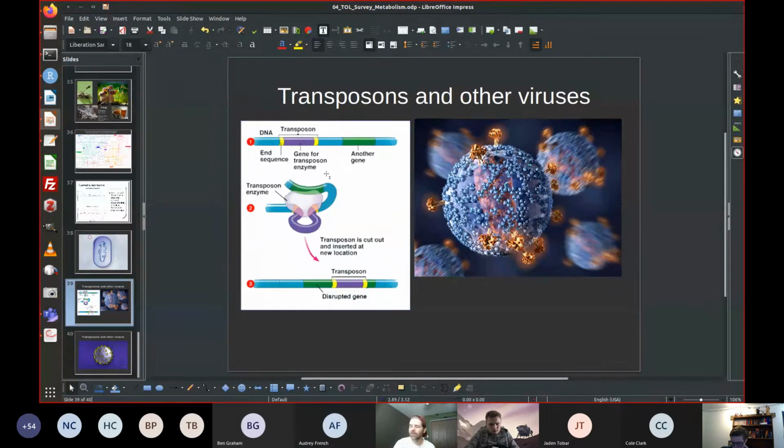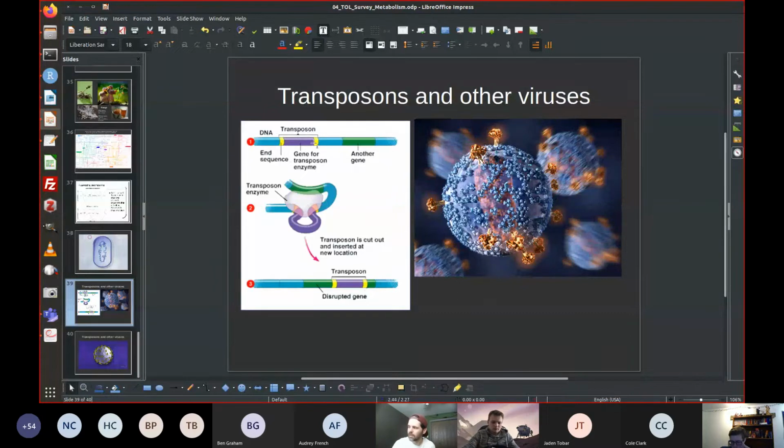And what about transposons? You know, the majority of your genome is virus DNA. It's true. You're more virus than human because of transposons. These are transposable elements in your genome.